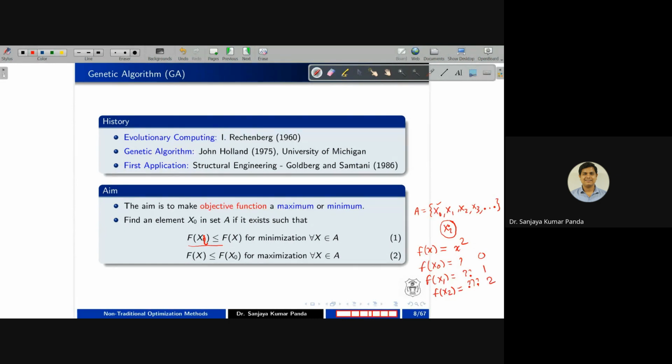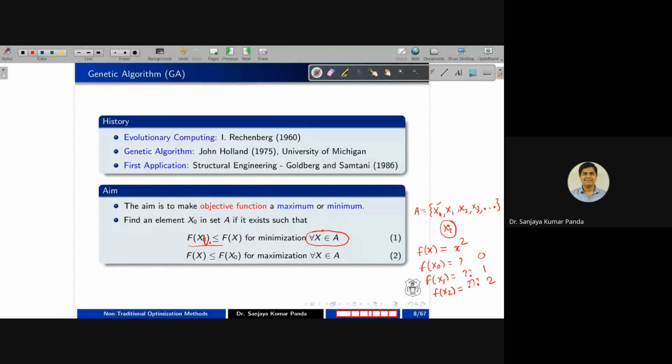Out of these values, in which case are you getting the lesser value? Because it is a minimization problem, I am looking at the lesser value. So you have to find an xi so that f of xi is less than or equal to f of x. If it is true, then we call it a minimization problem. But you have to take all the values that are available in the set, right? Then we can claim that the problem is a minimization problem.